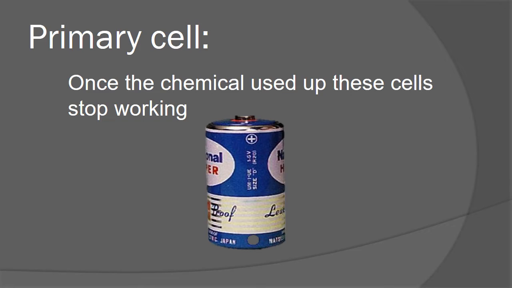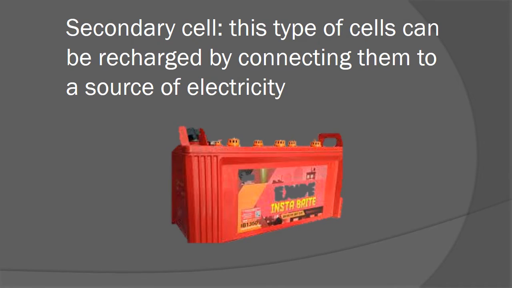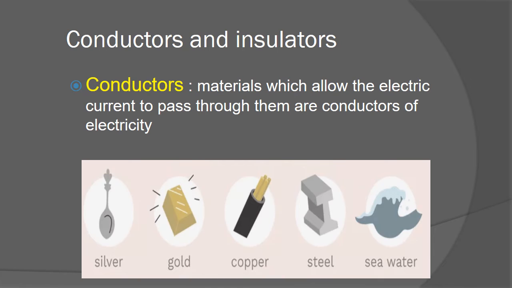Once the chemical is used up, these cells stop working. Zinc carbon cells are primary cells. Secondary cells are the type of cells that can be recharged by connecting them to a source of electricity.